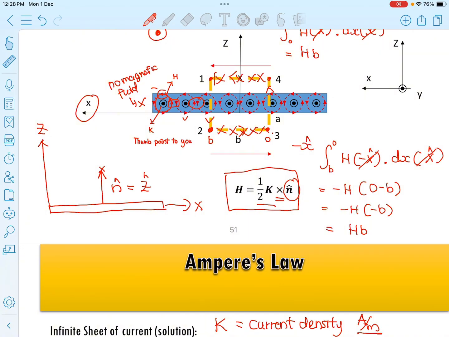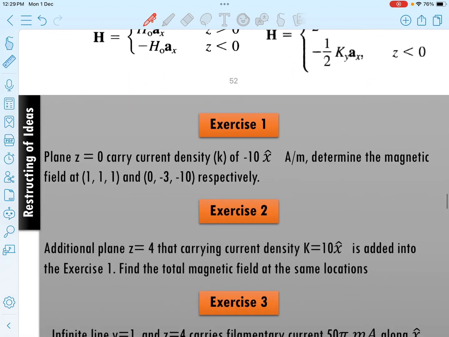But if you want to find the magnetic field here, the arrow will now be pointing downward, so n will equal the negative z direction. This is what you have to substitute here in order to find the magnitude and value of the magnetic field from your infinite surface.